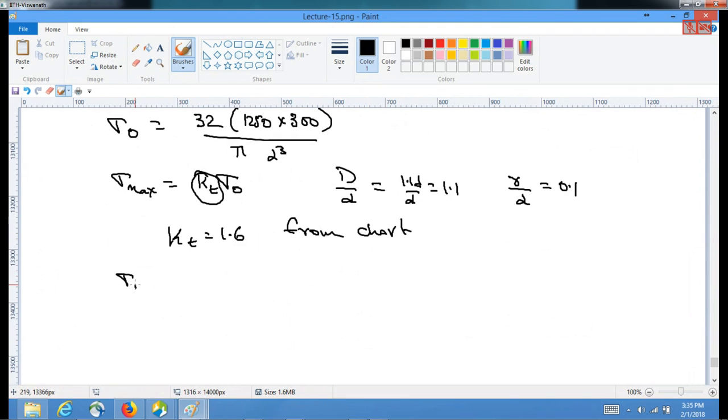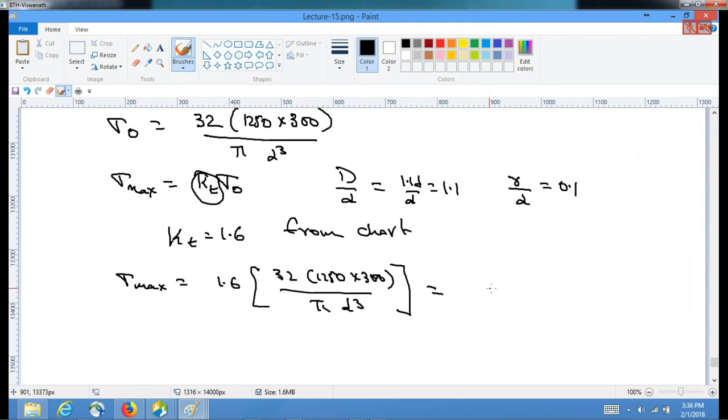So your sigma max is 1.6 into 32 into 1250 into 300 divided by pi d cube, which comes out to be 7174704 divided by d cube Newton per mm square.